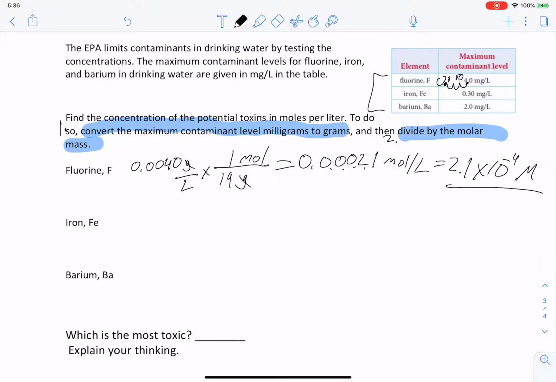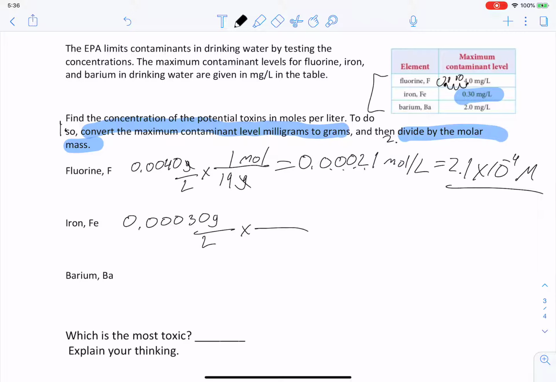Moving on to iron. Again, we're going to convert this number here into grams per liter. So that's going to be moving over 3 times. So 0.00030 grams per liter, divided by our molar mass, which is 55.8 grams per mole.